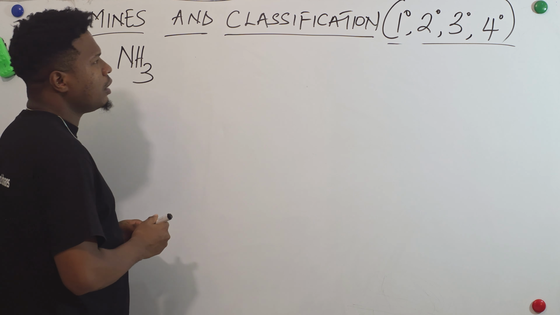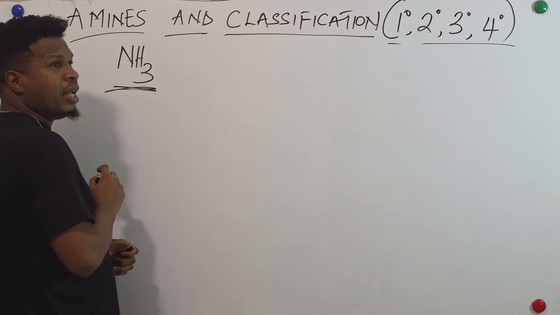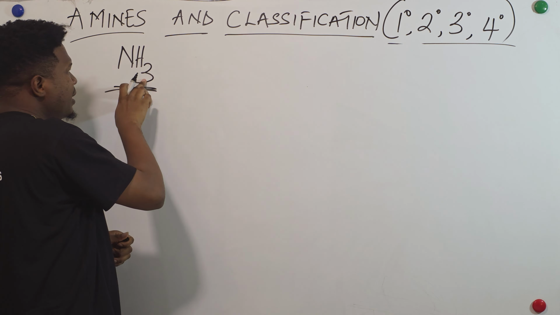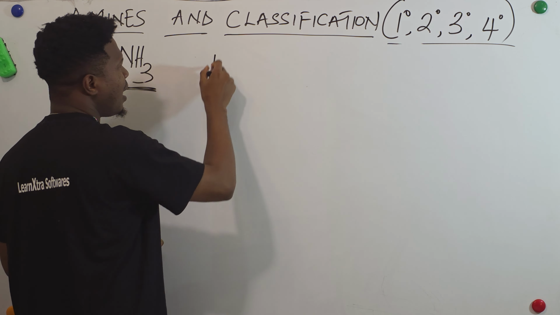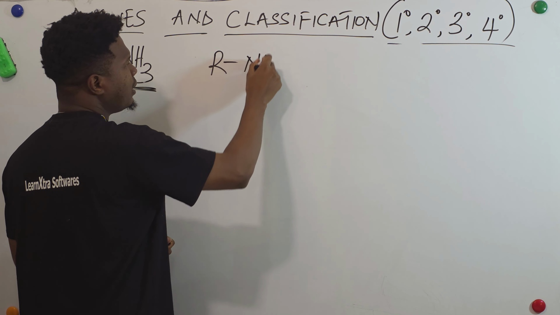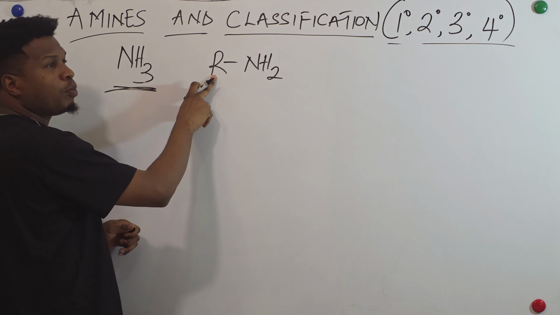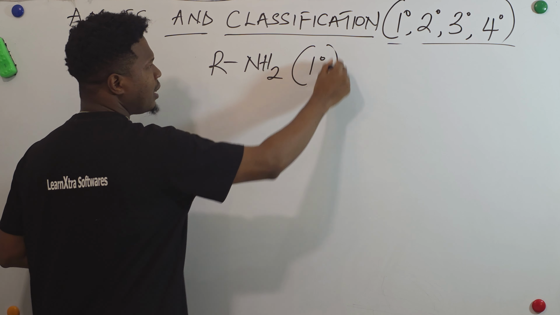Now, when you have ammonia, NH3, and you substitute one of the hydrogens in this ammonia with an alkyl group, that is RNH2. When you replace one hydrogen with an alkyl group R, this is said to be a 1 degree amine.